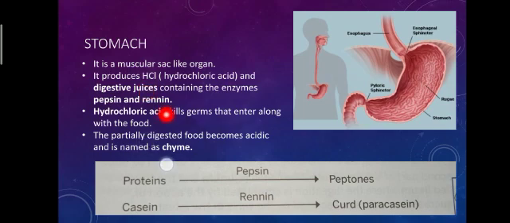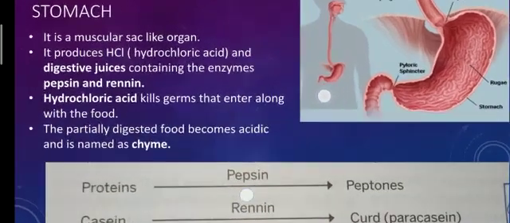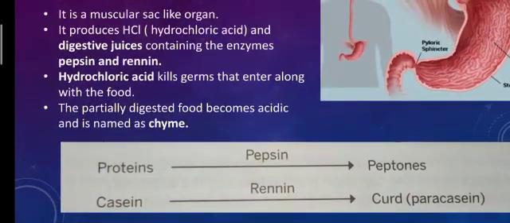Now pepsin and renin have certain functions. The food contains proteins and casein. Proteins are acted upon by pepsin to convert them into peptones.